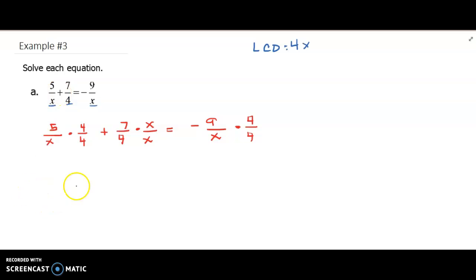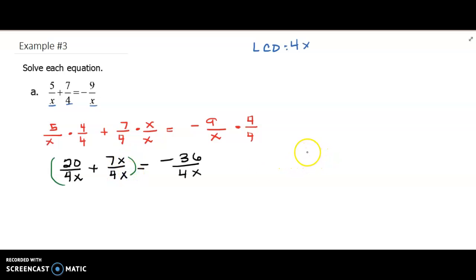When I multiply straight across, I get 20 over 4x plus 7x over 4x is going to equal negative 36 over 4x. Now that I have the same denominators, I can go ahead and add straight across. So this is 20 plus 7x over 4x is going to equal negative 36 over 4x.